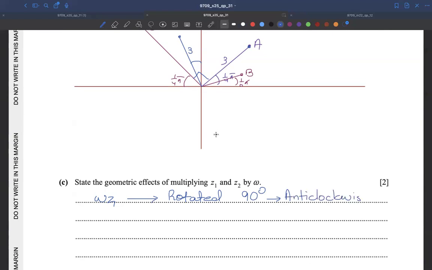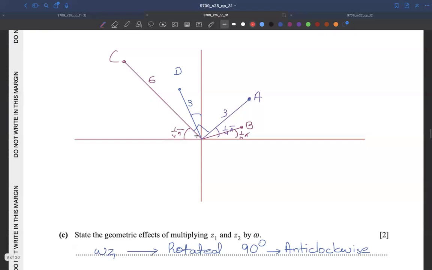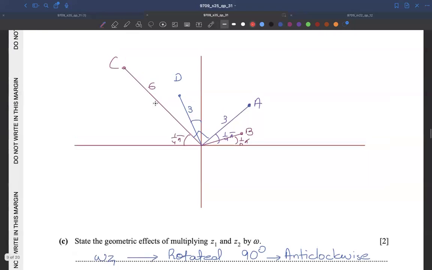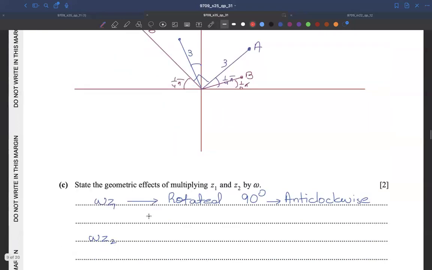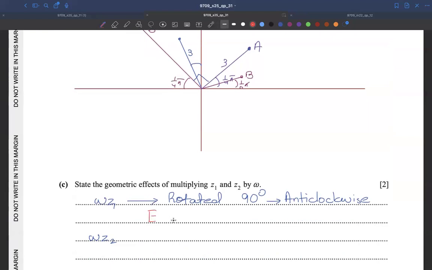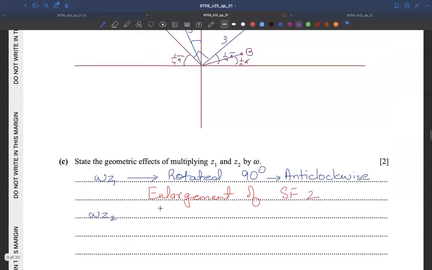And as for point B, it has also rotated the same. But what we can also add is that when we multiplied A by C, the length became double. So we can say it was also an enlargement of scale factor 2. And as for Z2, we can say the same.